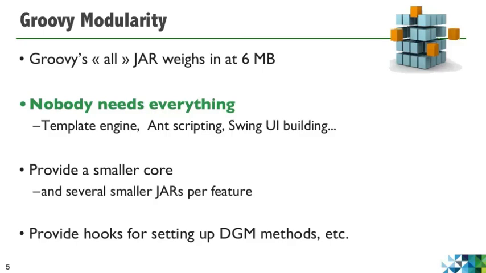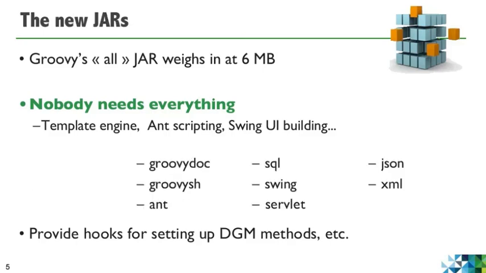Now, by splitting the Groovy deliverables into smaller pieces, we have the core jar, which is just 3 megabytes instead of 6. And while working on that split and modularity, we also introduced an interesting new feature, which is the ability to define your own extension methods inside of an extension module, and we'll see what it looks like.